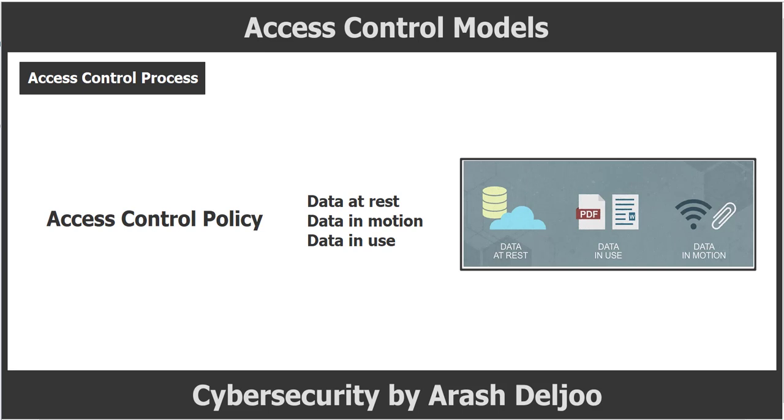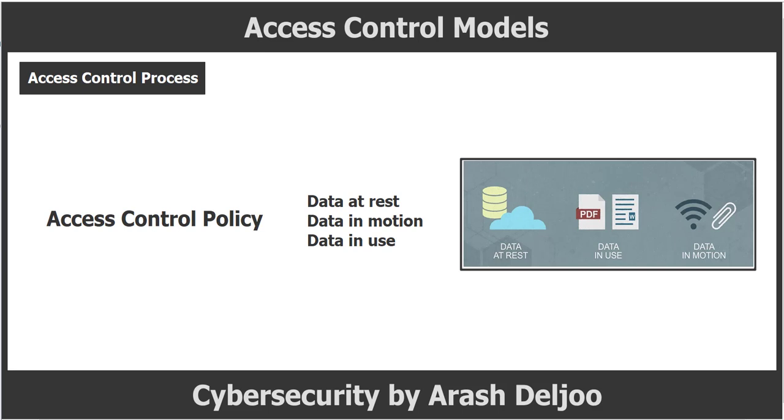About the data at rest, this refers to data that resides in a storage device such as a hard drive, CD or DVD, or magnetic drive. Data is in this state most of its lifetime. Data at rest is usually protected by using strong access controls and encryption.